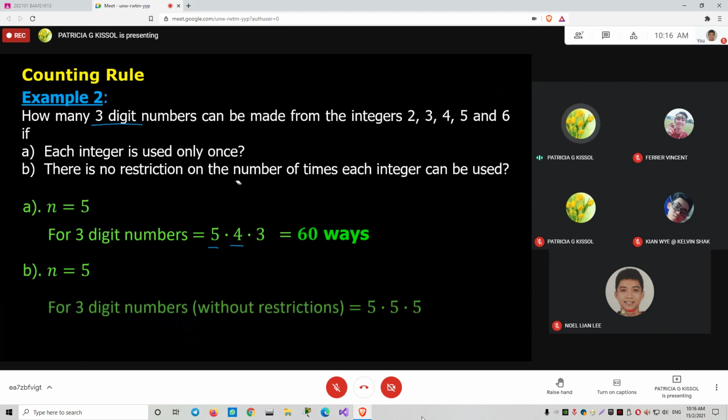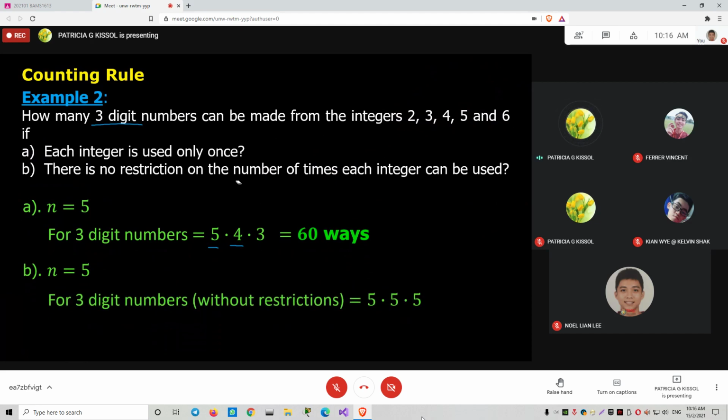For the 3-digit numbers without restrictions, for the first number you have 5 numbers to choose from, for the second number 5, and for the third number 5, because there is no restriction. You can use each integer as many times as you like. So 5 times 5 times 5, we have 125 ways to arrange them. Is that clear?